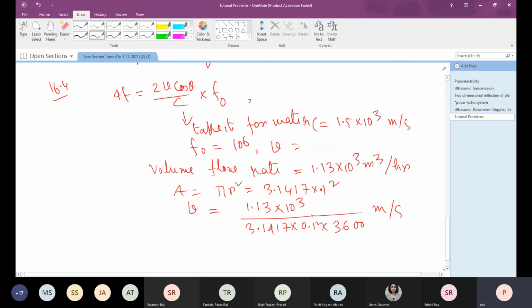So this is V. So V you can put and then delta F you will get. So like that you can solve this second one. You check the calculation.